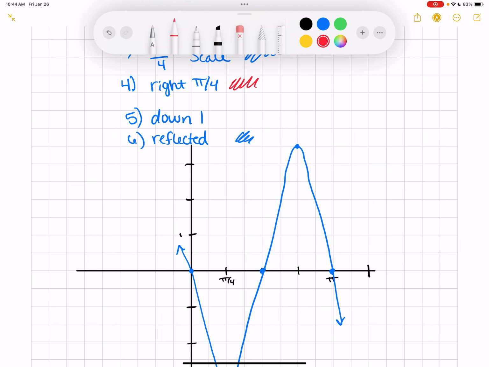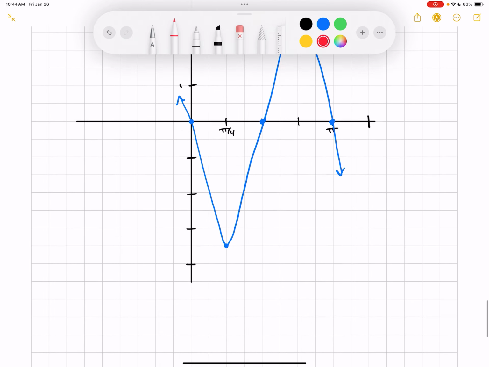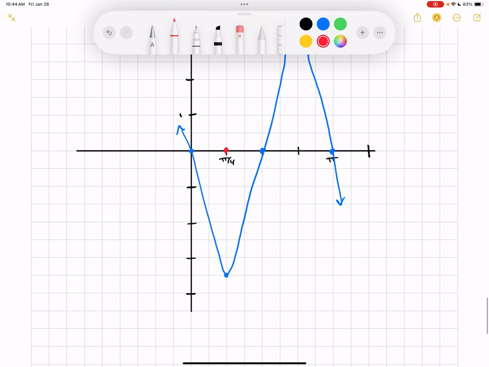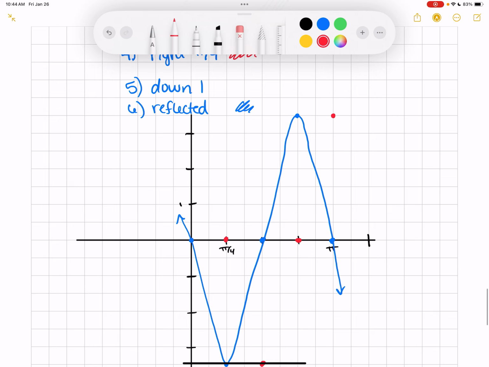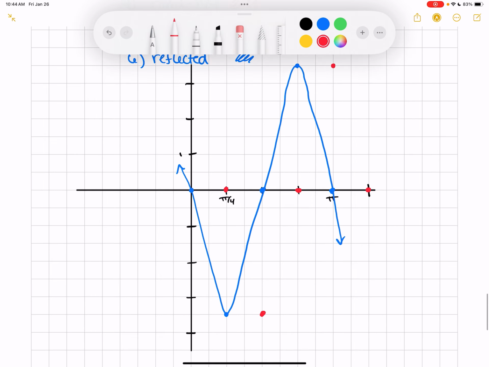So every point, I'm shifting it to the right one set of pi over 4. It's only 5 points, right? Yeah. 1, 2, 3, 4, 5. Yeah.